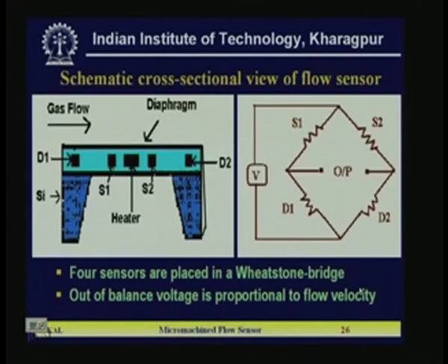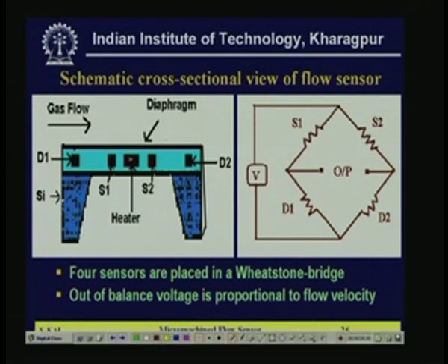Now here this structure looks like this. This is the membrane structure. Basically, here you are going to make 4 resistances D1, D2, S1 and S2. Almost similar resistances are made, and in the central portion is the heater. This is the heater portion, because in this particular technique the heater and sensing elements are different.